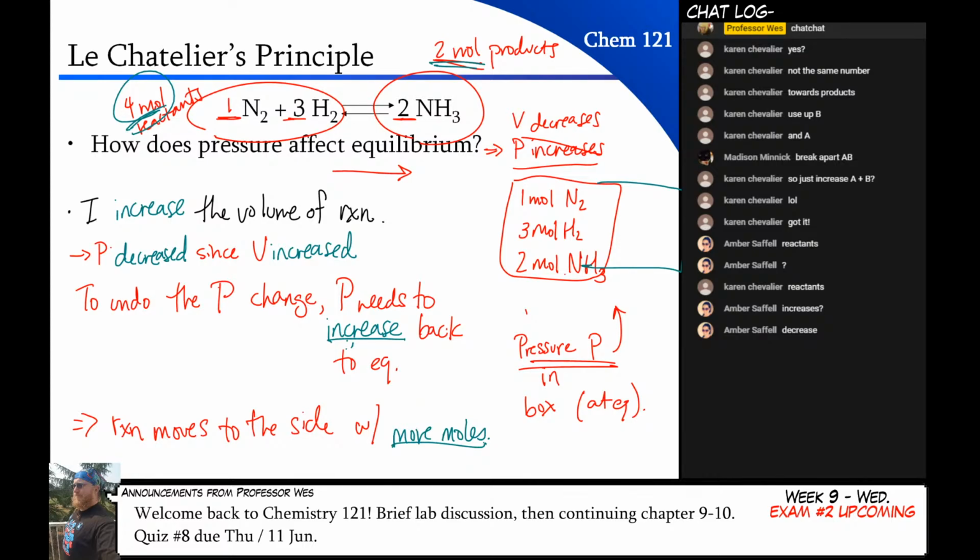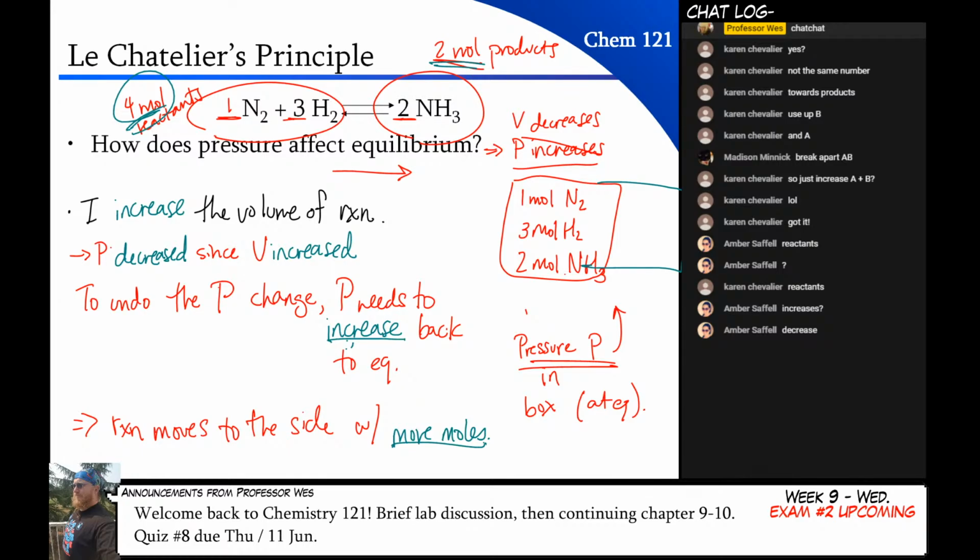It will try to increase the pressure to undo what I did, so it will move to the side with more moles. Pressure is kind of weird. You have to consider how the pressure affects the reaction by looking at what the reaction is telling you. If I have more moles on one side than the other, pressure will affect it.